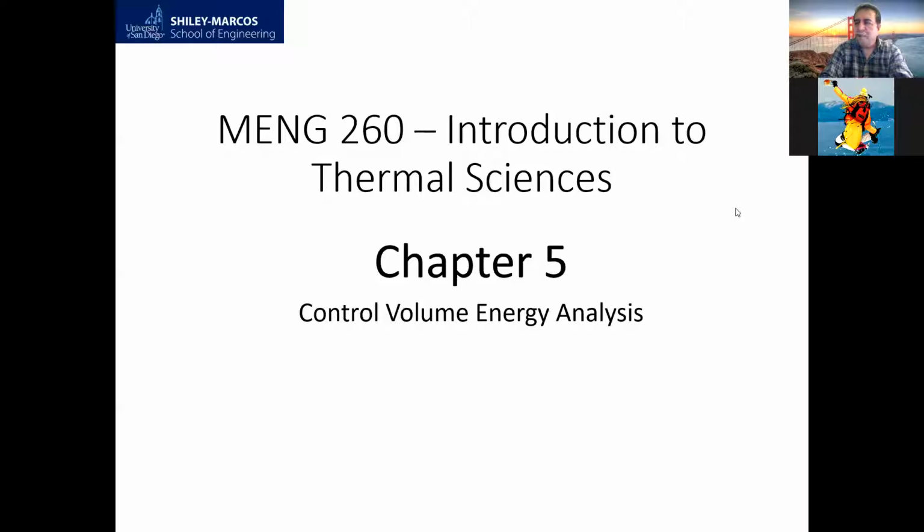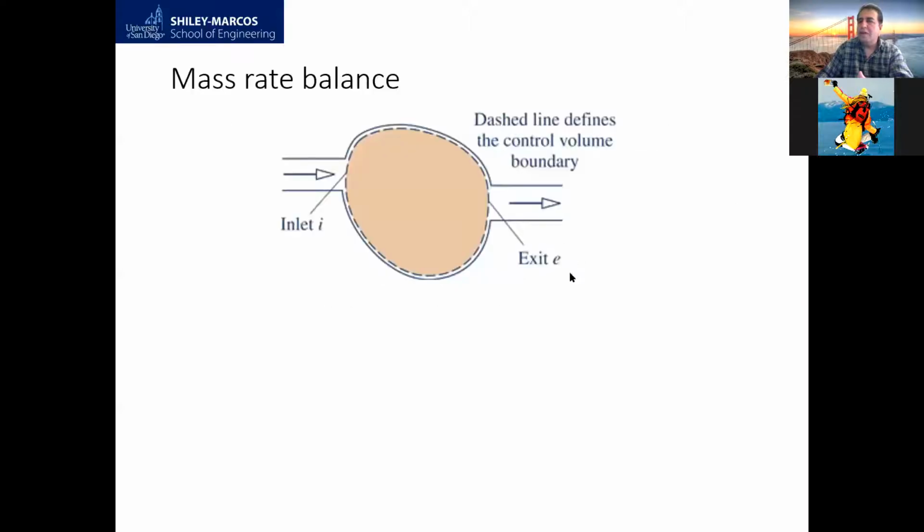Chapter 5 is conservation of mass, okay? So we're going to talk about the mass flow rate and volume flow rate. This will also be an introduction to fluid mechanics later on. We have not talked about fluids yet, so we are going to discuss the control volume and conservation of mass flow rate.